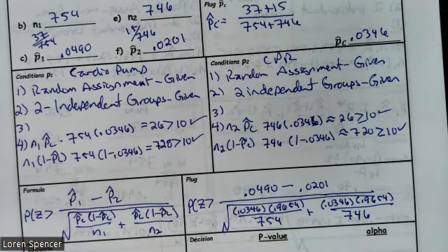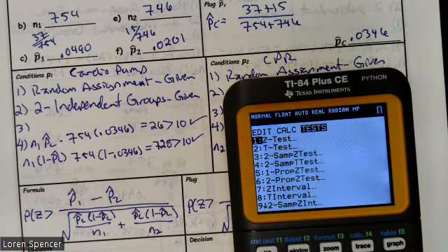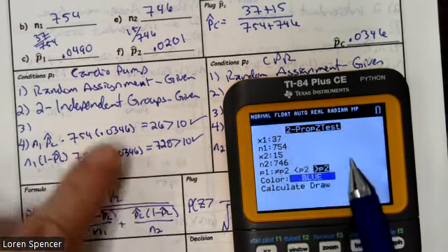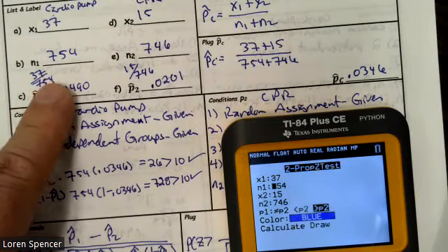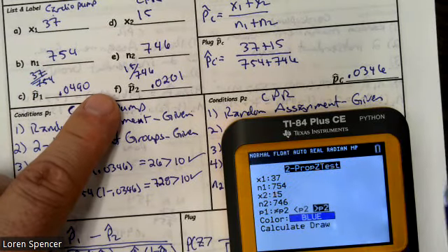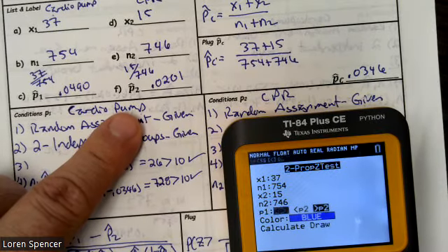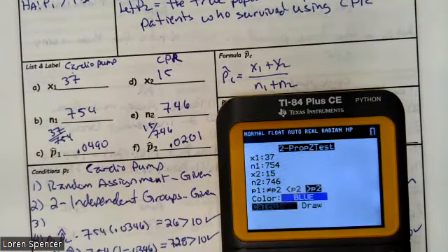All right, so let's start plugging in. Stat test, and this is number 6, 2 proportion Z test. We had 37 survive with the cardio pump out of 754. We had 15 survive out of 746 with CPR. And our alternative is greater than, so that's what we need.